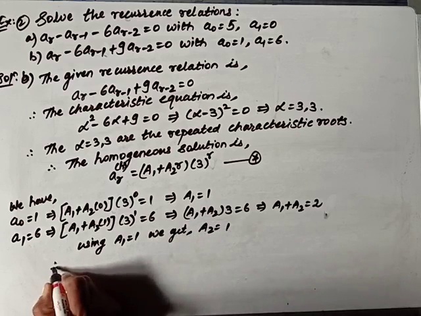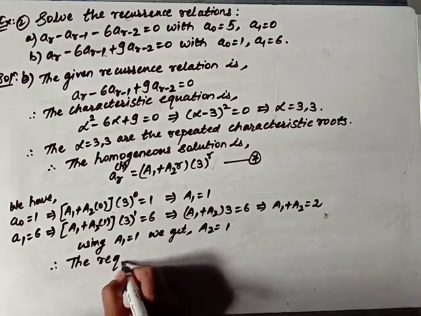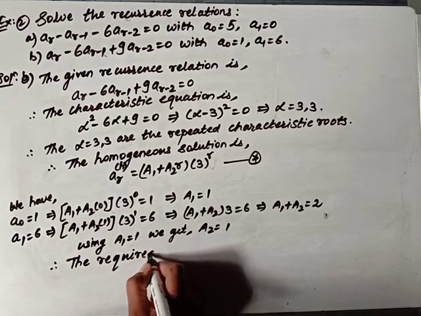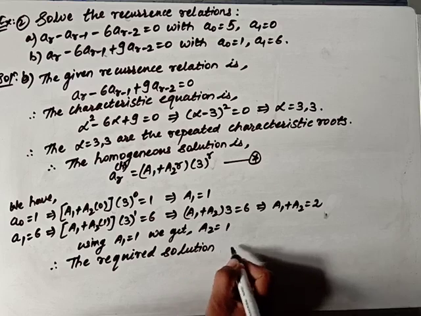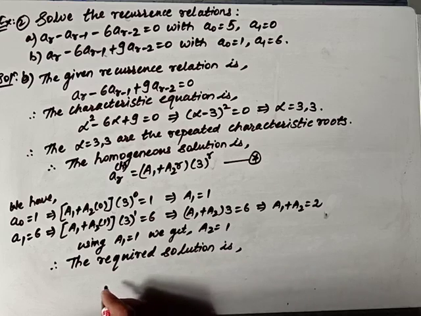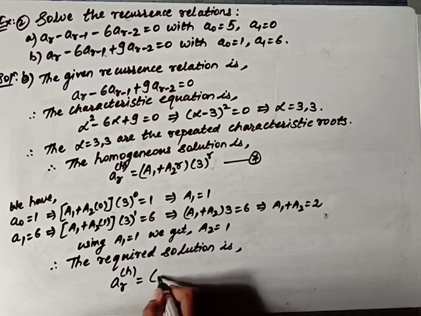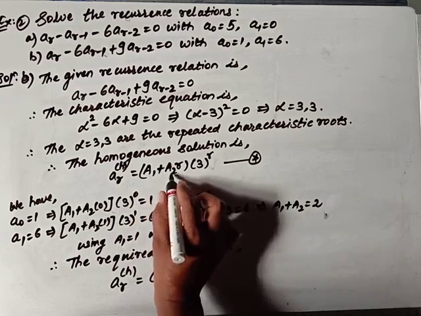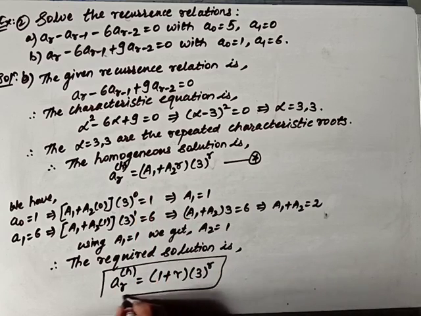Therefore the required solution is a_r^h equal to, with A1 as 1 and A2 as 1, (1 plus r) into 3 raised to r.